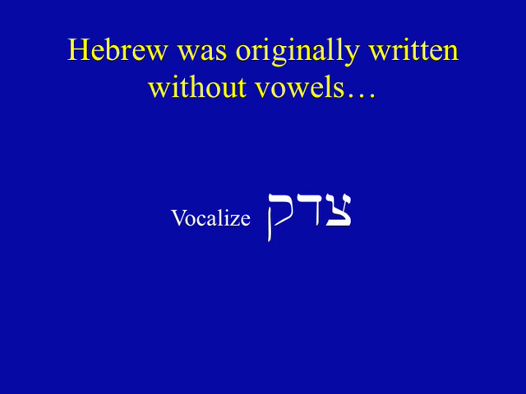Since Hebrew was originally written without vowels, a form like this, tzadeh, dalet, kof, could turn out to be vocalized in a number of different ways. Tzadik, or tzedek, right, or some unpredictable way. Tzedakah, right, who knows?